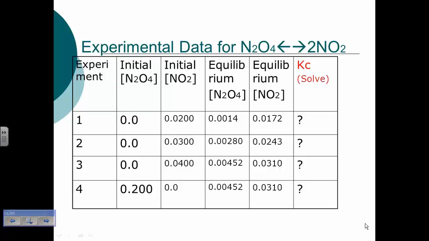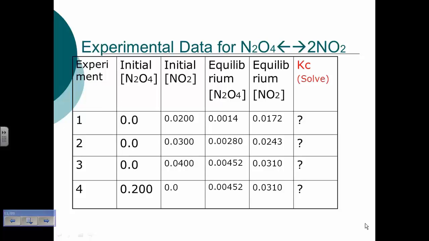In the first trial, we started with 0 molar of product. Notice there's an equilibrium. Equilibrium constants must be calculated from equilibrium concentrations, not from initial values.